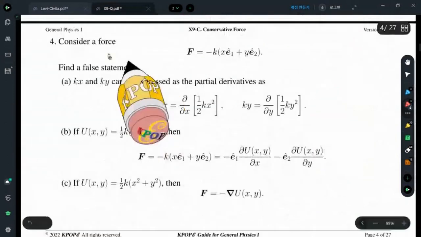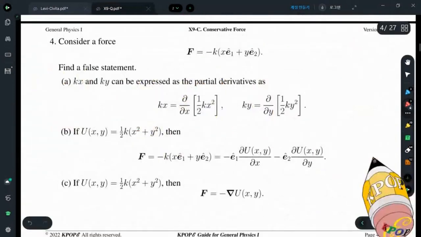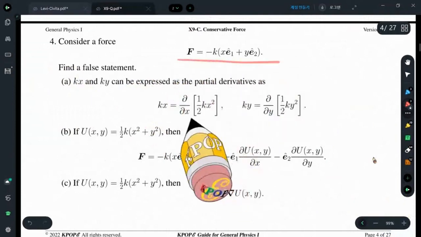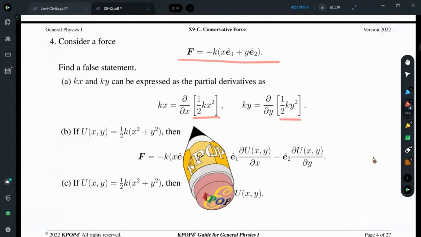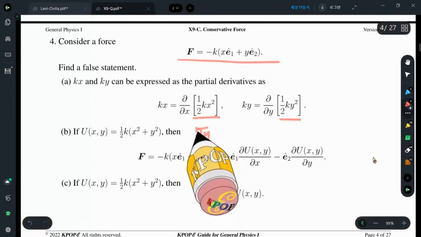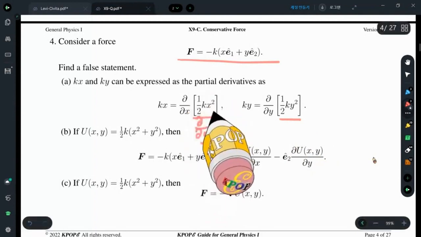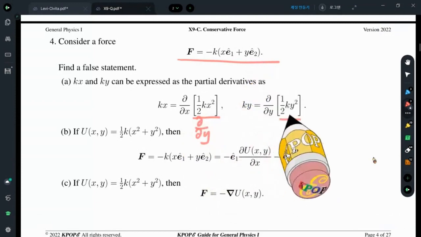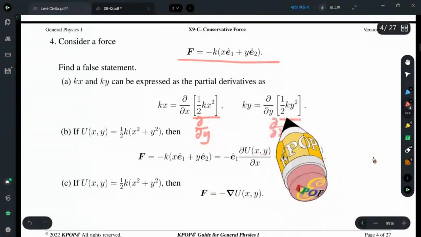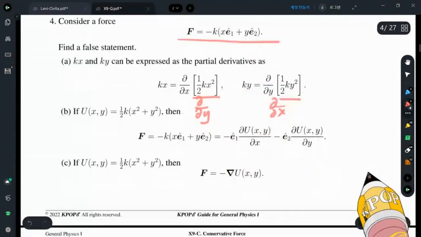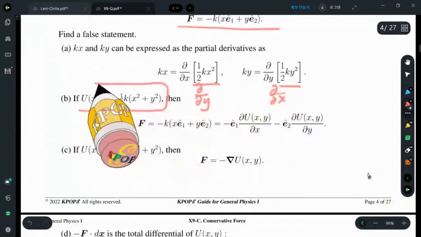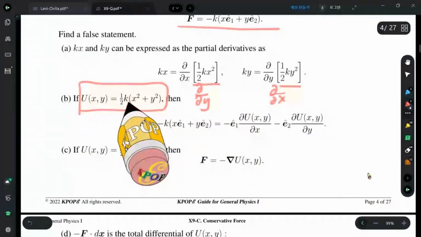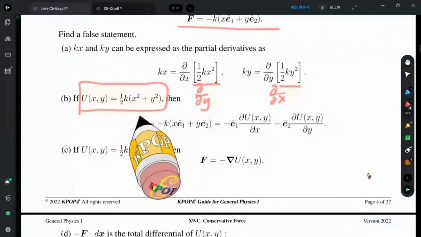Oh, it is solved in question 4. Sure, if I take the y derivative of this, it does not contribute. X derivative of this does not contribute. Anyway, the same potential energy, 1/2 k (x squared plus y squared).